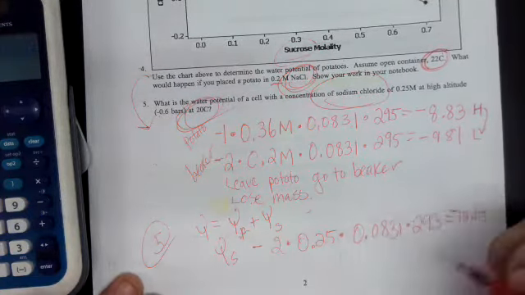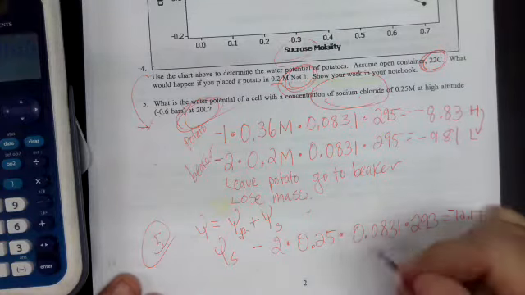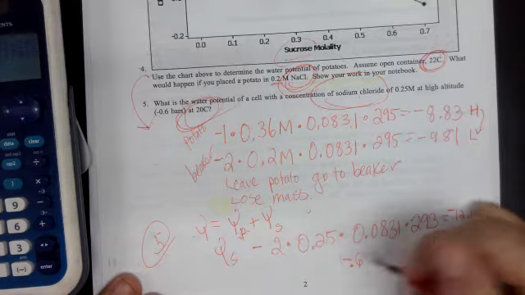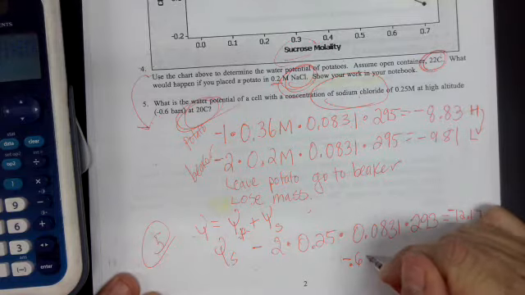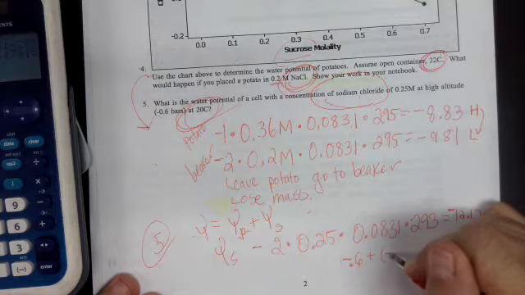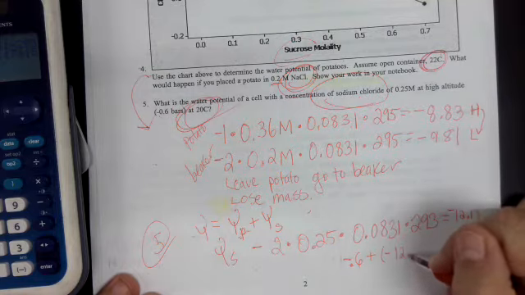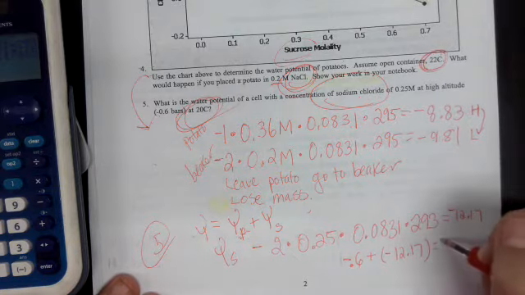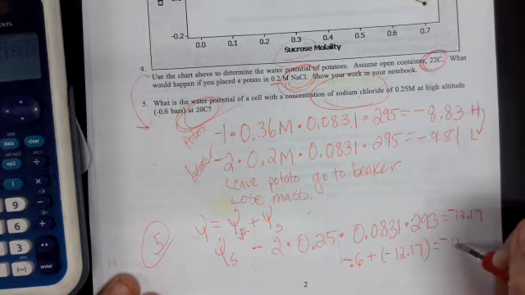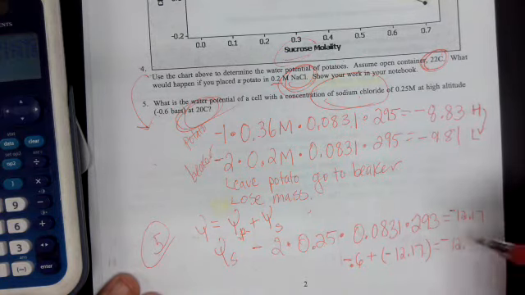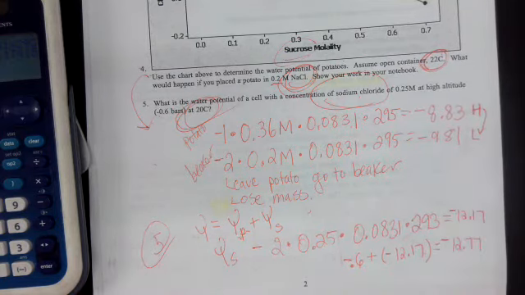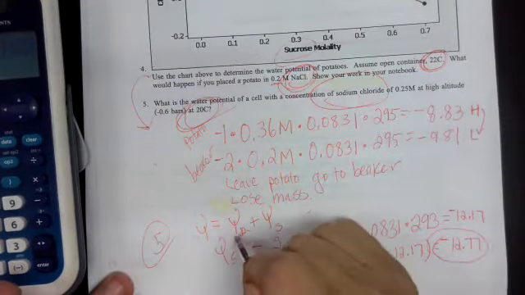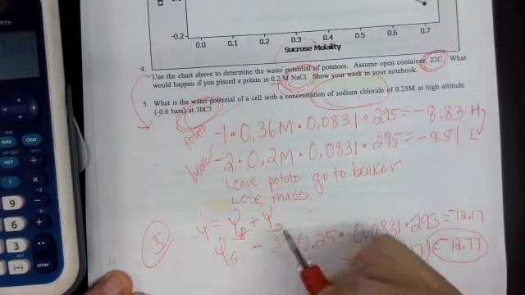It's going to be 0.6 rather, that makes a difference, plus a negative 12.17. Therefore, this is all going to be equal to a negative 12.77. That's the water potential. Because remember that it's going to be equal to your pressure potential plus your solute potential.